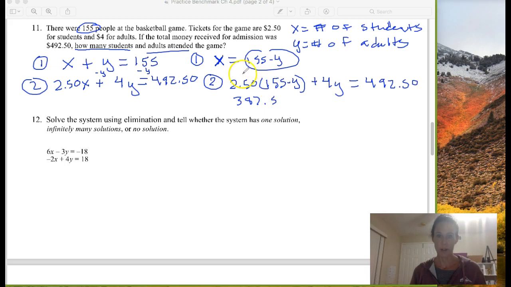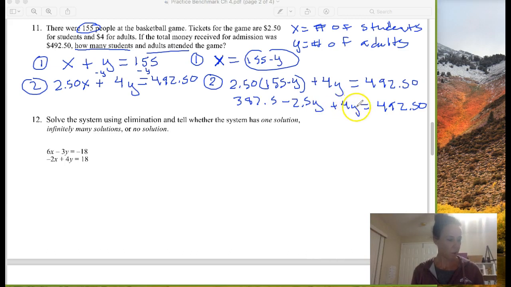2.5 times 155 is going to give me 387.5, just do that on a calculator. And 2.5 times Y will be 2.5Y, plus 4Y equals 492.5. Sorry, I can't write very small with this little tool that I have here. And then combine the Y's.